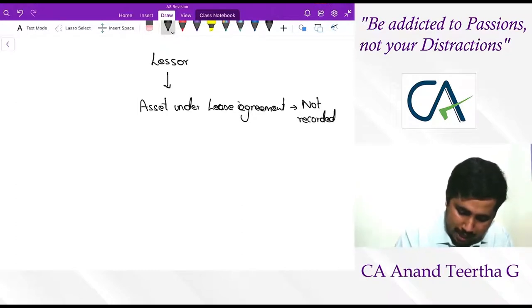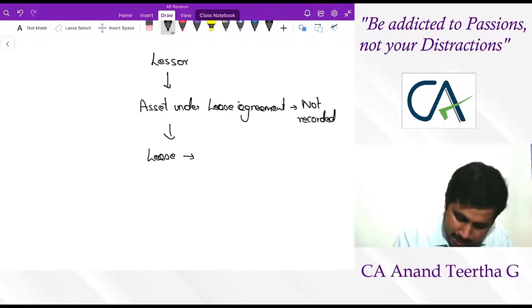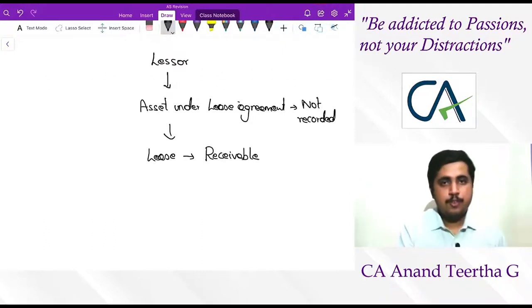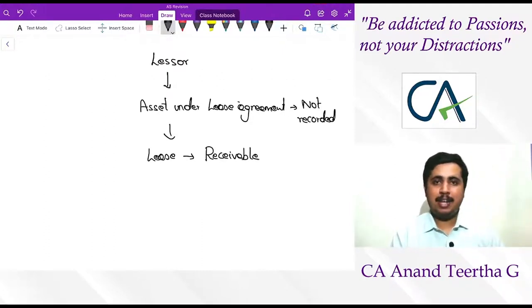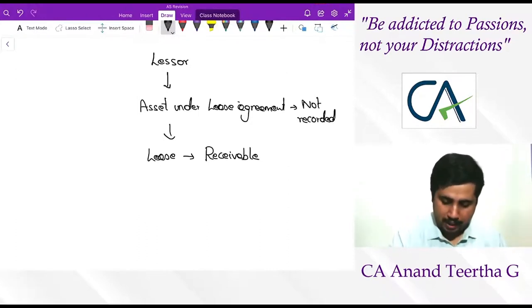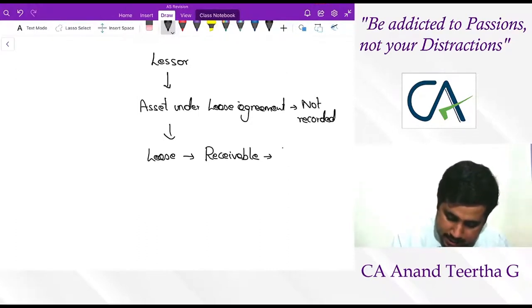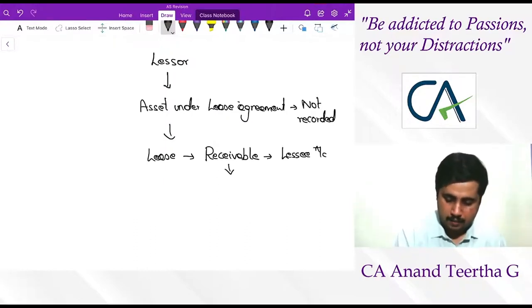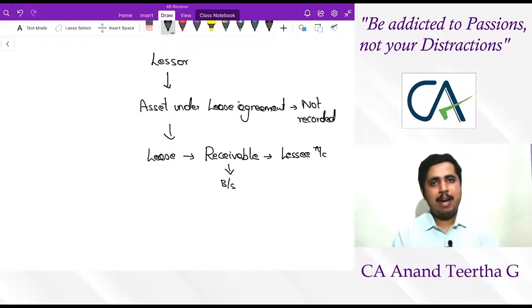So whatever is happening in the lease will be covered up as a receivable amount for the lessor. For your lessee, it's a liability. Lessor account is a liability. For the lessor, lessee account is a receivable account. It will be shown in the balance sheet. So in the balance sheet, the lessor is going to show this particular asset as receivable from lessee.